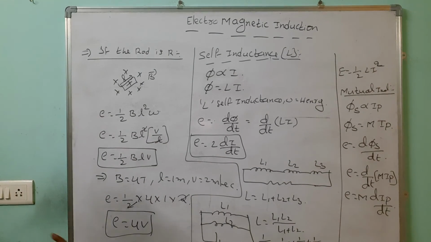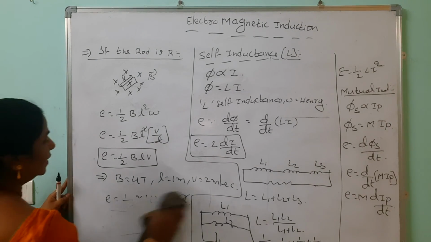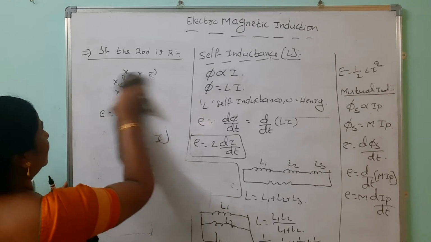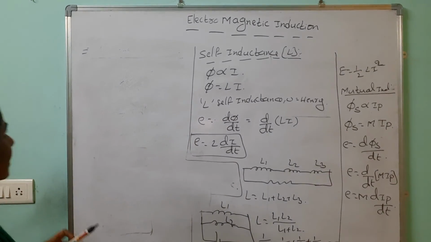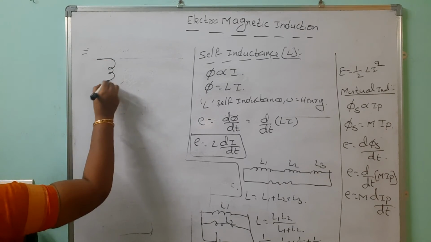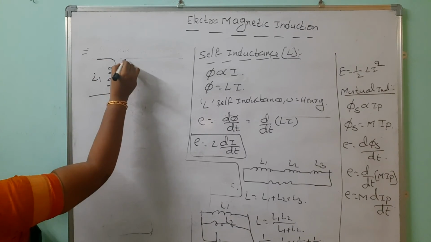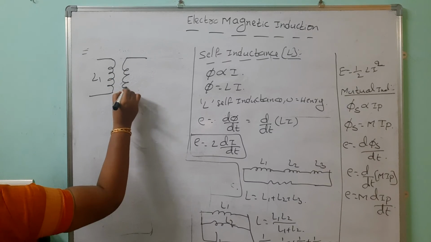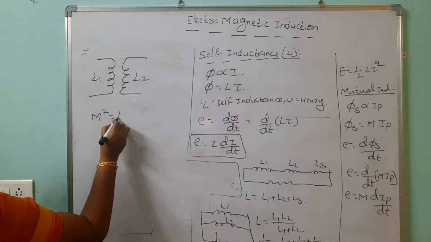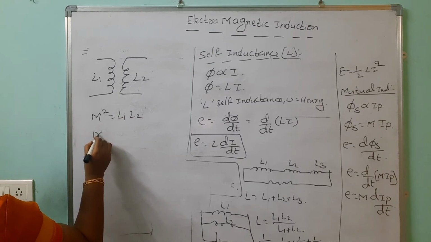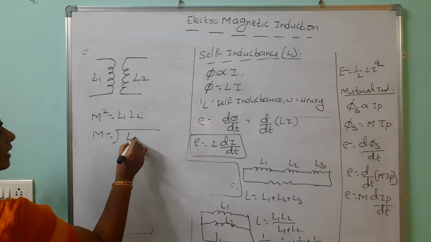Not only this, we can also find the relation between mutual inductance and self-inductance. See, we take two self-inductors and place them like that. This is L1 and this is L2. Here M square equals L1 L2, so M equals under root L1 L2.